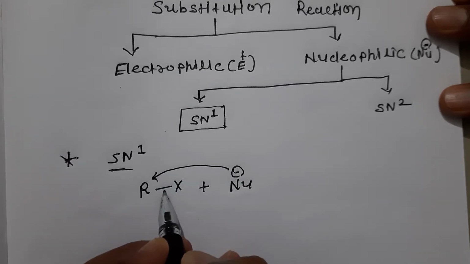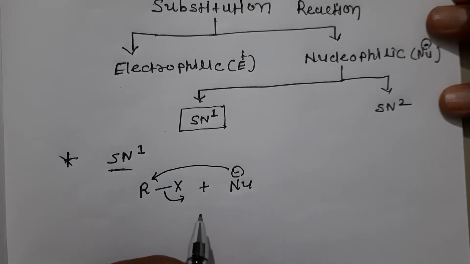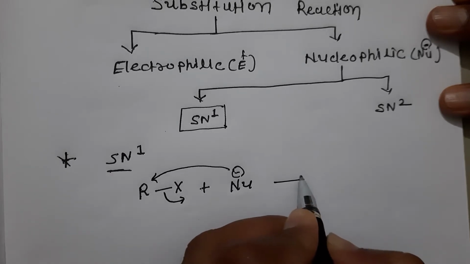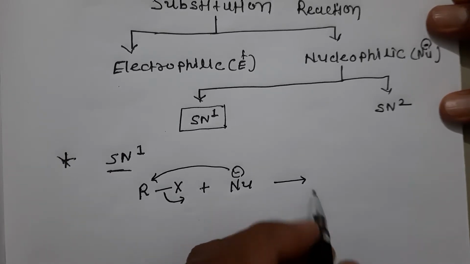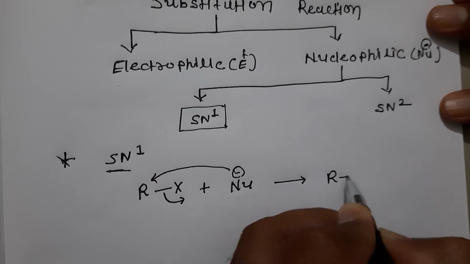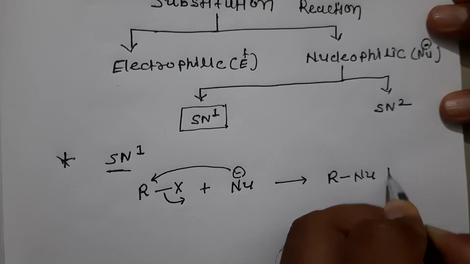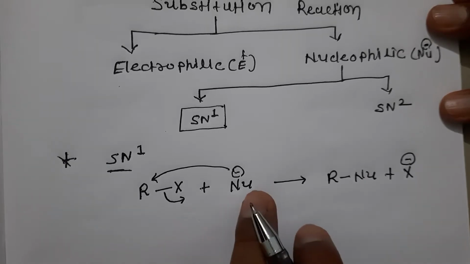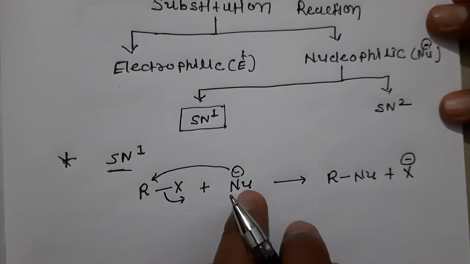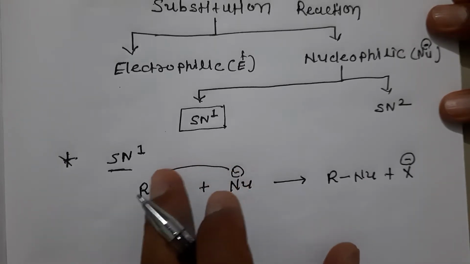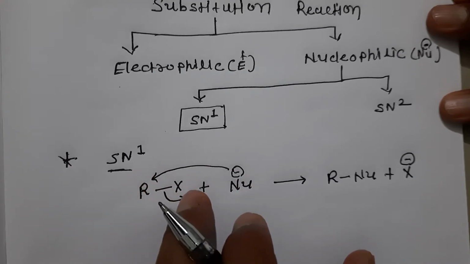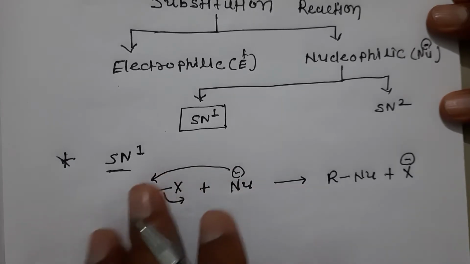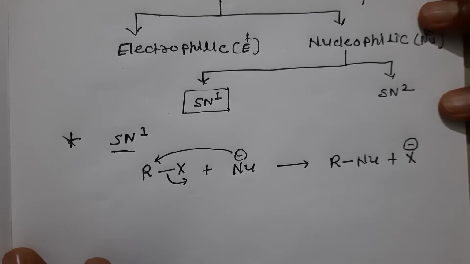Here the nucleophile attacks and the group X departs, a highly departing halide group is removed. So we get R-Nu plus X minus. This is a general reaction: one nucleophile attacks and one leaving group is removed. This is called substitution reaction.